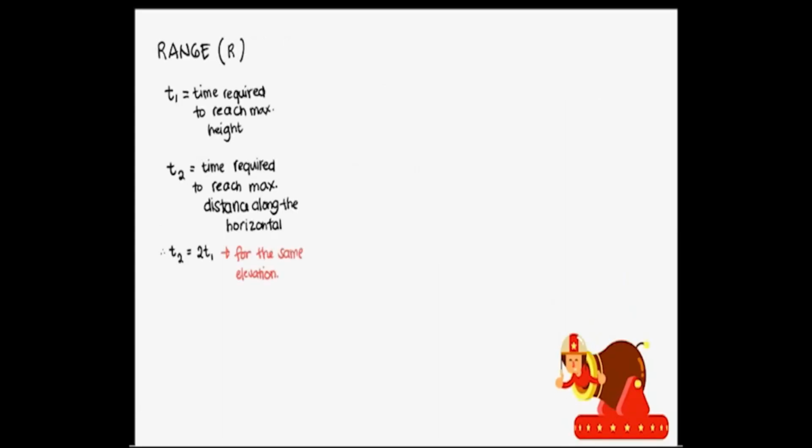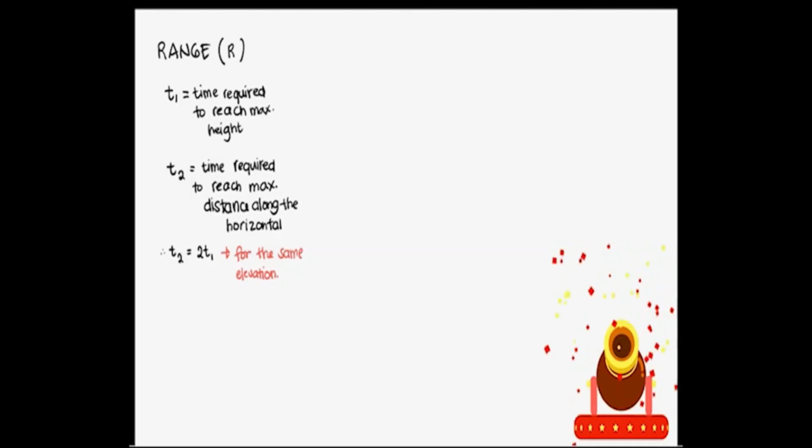Let's talk about range. The horizontal range, R, big letter R, is the maximum distance along the horizontal plane the projectile traveled before reaching the same vertical position where it came from. Now, to derive the equations for range, let us consider the following. Let t sub 1 be equal to the time required to reach the maximum height.